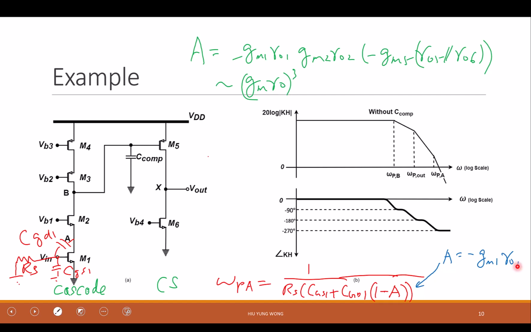I want everyone to raise their bet. Just ask yourself, what is the meaning of the gain in here? How do you define A in this circuit? What divided by what? VA over Vin. Yes. Then what is VA over Vin?